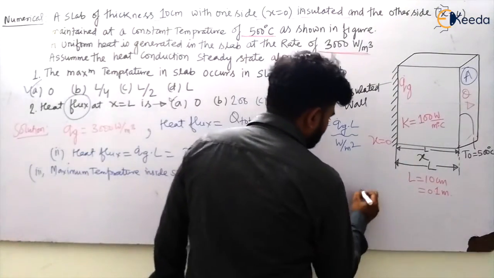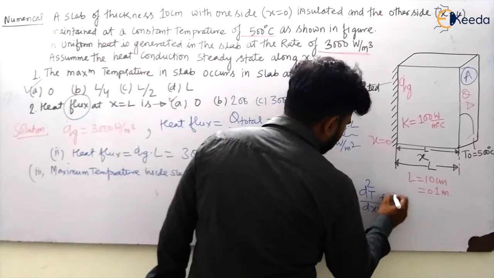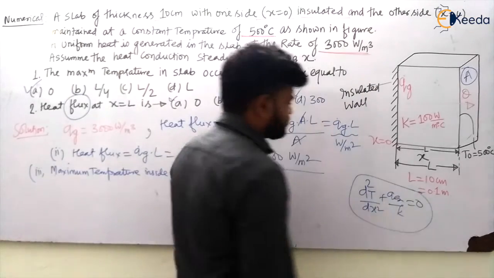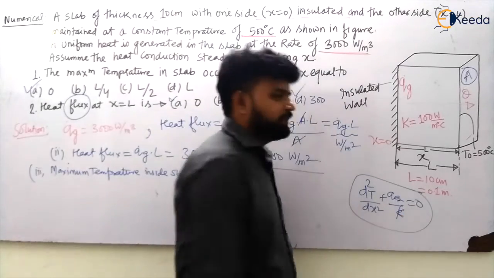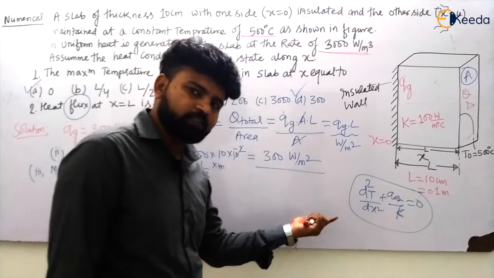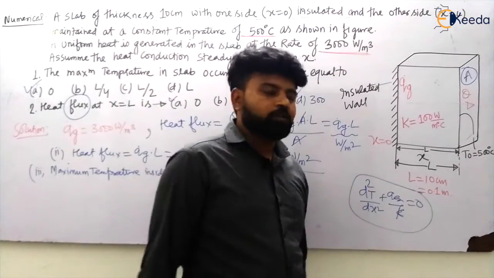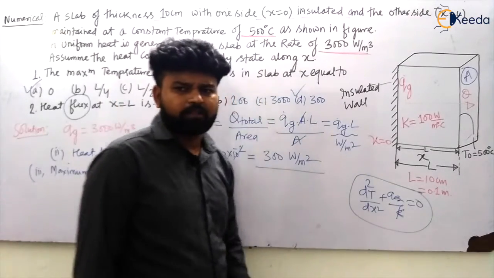It is one dimensional heat transfer. You can integrate the equation d square T by dx square plus Qg by K is equal to 0, because all other terms will be 0 and it is steady state. You will integrate, you will have C1 and C2. C1 will be 0 because at x equal to 0, dT by dx is 0. So you will have only C2.